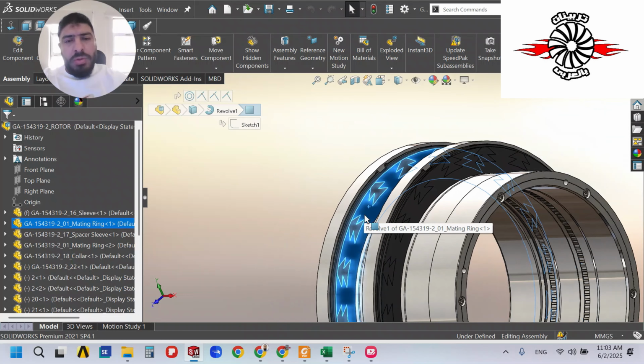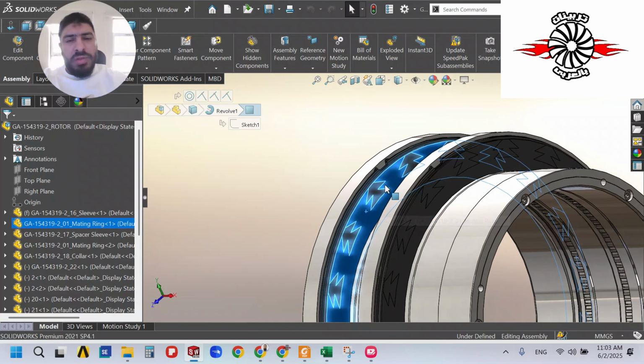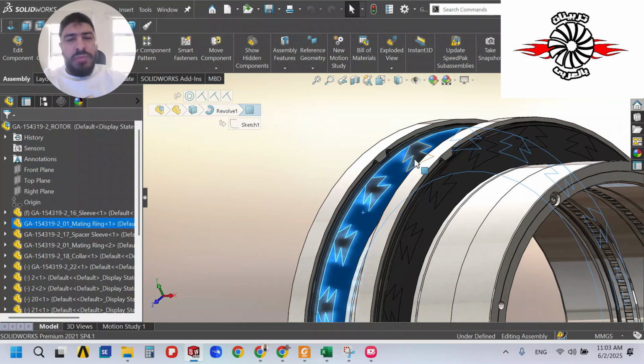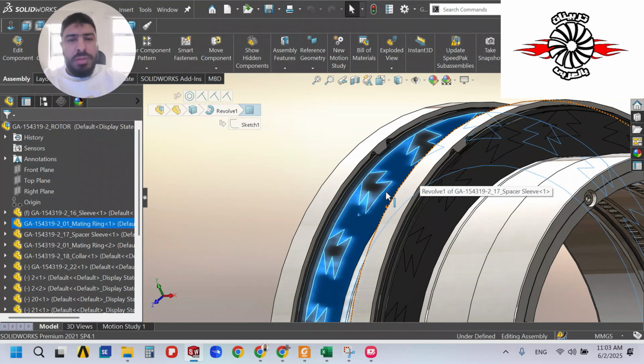From this view we can notice that this is bidirectional, not unidirectional. So the seal can work with either rotation, clockwise or counterclockwise, and this is the advantage of this seal. We can use it for drive-end or non-drive-end, and it can rotate in either direction.